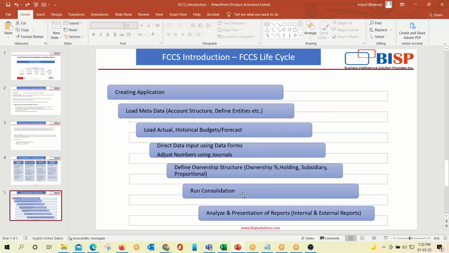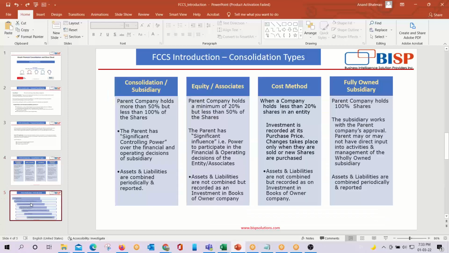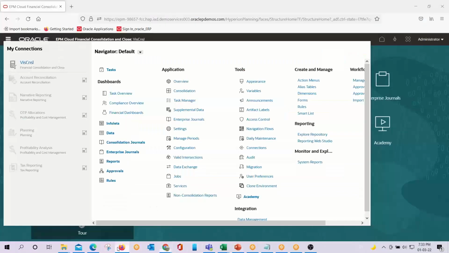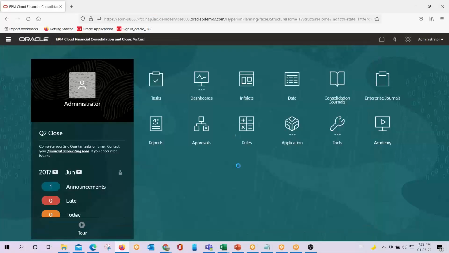Similarly, after the results are available, we analyze and present those reports as external and internal reports, through which we can analyze and present the financial results as a single economic entity for a foreign parent company or for a group company. So this is our application.